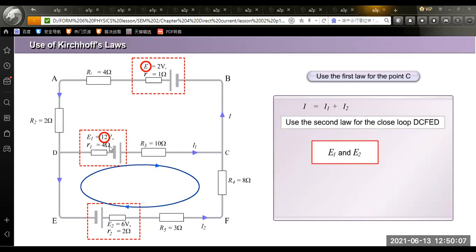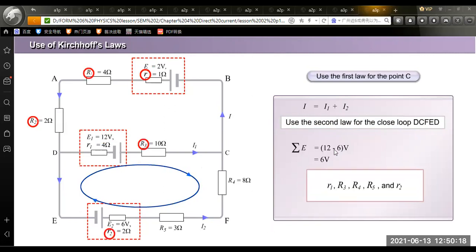The 12 volt is positive. The 6 volt is in the negative direction. This means 12 minus 6, because it is negative 6.